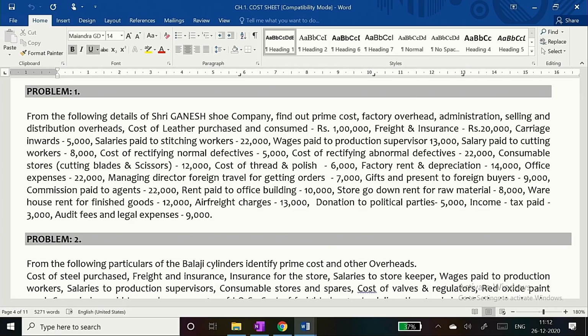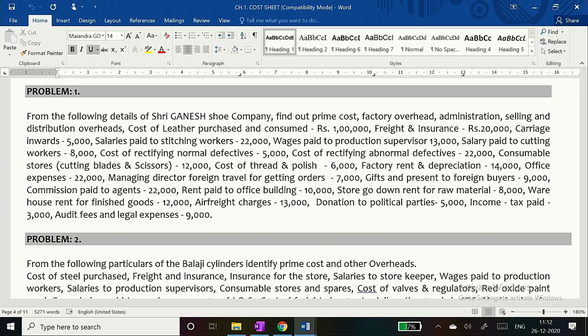Rent paid to office building, 10,000. Stores, godown rent for raw materials, 8,000. Maintaining that is factory overheads. Office building is administration overheads. Warehouse rent for finished goods, 12,000. Warehouse means distribution.